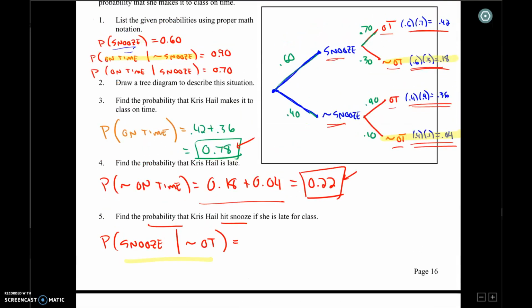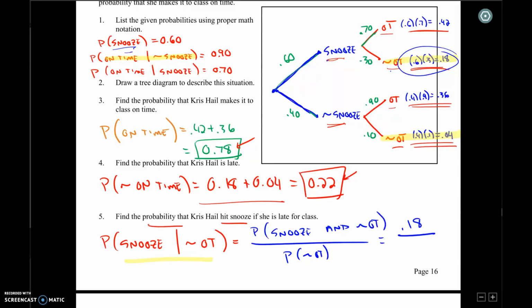I'm going to go to the formula here because I can't really see it very easily. This is the probability that she hits snooze and she's not on time, divided by the probability she's not on time. So snooze and not on time, that's this right here, the 0.18. Over the probability she's not on time, which is this one and this one.